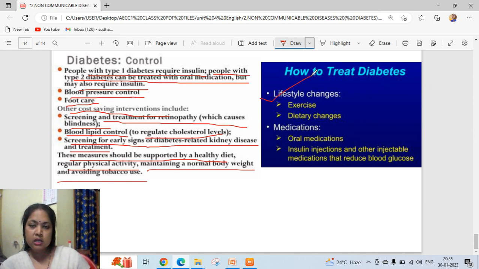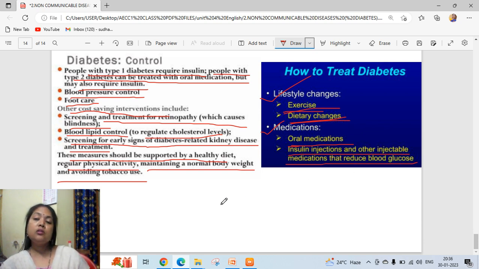That is through lifestyle change and medications. Lifestyle change can be achieved by exercise and dietary changes, then medications through oral medications, insulin injections and other injectable medications that reduce blood glucose.